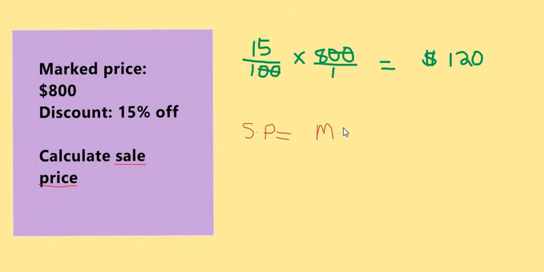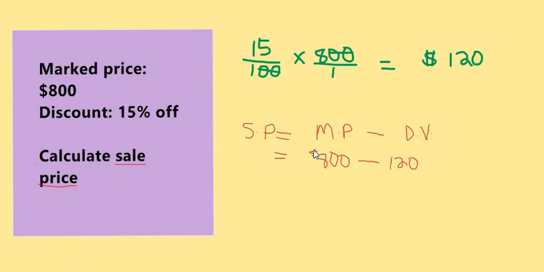So we have marked price. I'm using the abbreviation MP for marked price. And we're going to take away the discount value, meaning the money, the amounts. All right. So the discount is $120 and the marked price is $800. So the item cost $800 originally, and the discount is 120. So we're going to take away 120.